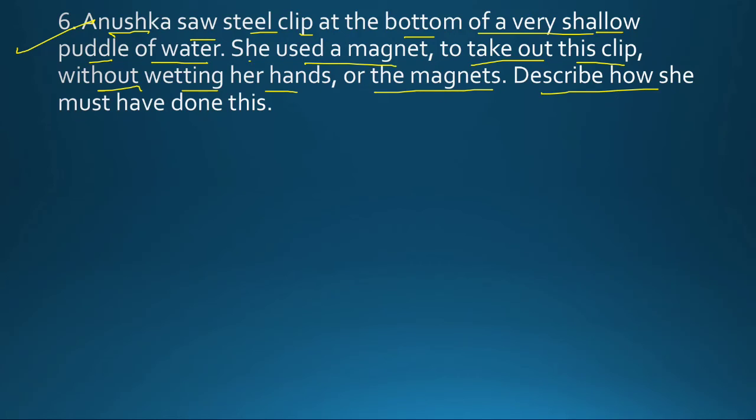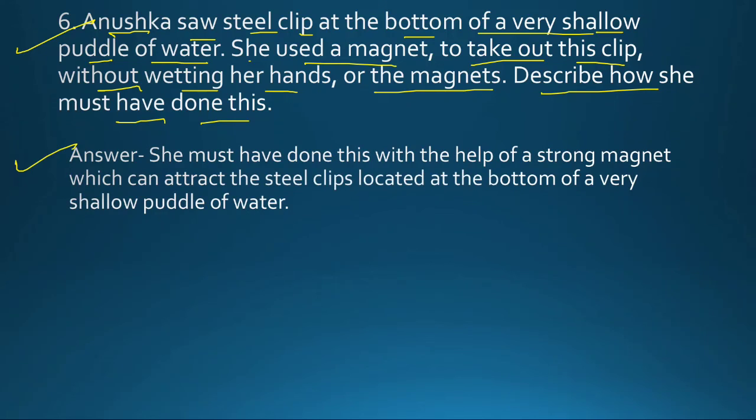Describe how she must have done this. Answer. She must have done this with the help of a strong magnet, which can attract the steel clip located at the bottom of a very shallow puddle of water.